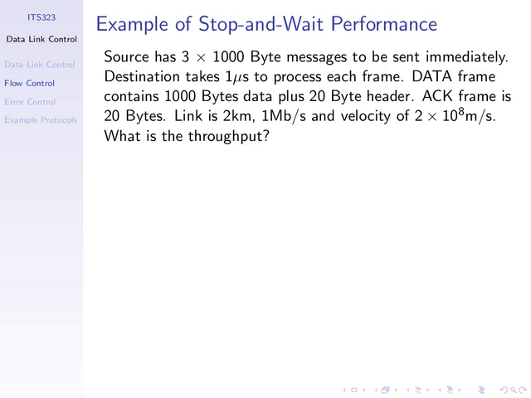What else impacts on performance? We may not be able to control it, but what? Distance. More generally, propagation delay. In our case, the propagation delay was 10 microseconds. What if it was 100 microseconds?